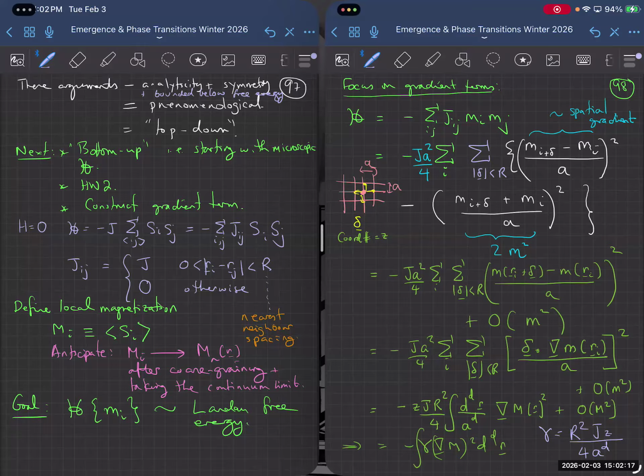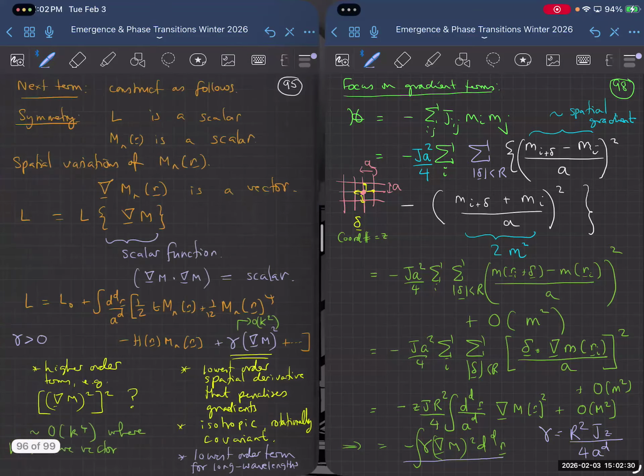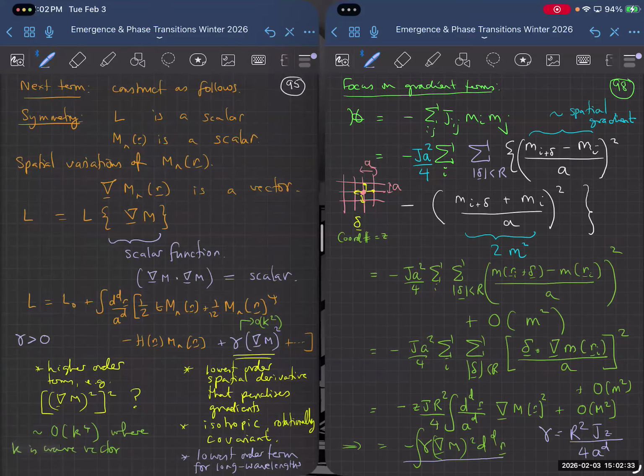I think all the factors are correct. So now what I've done is this form here for the free energy is exactly what we guessed when we construct things in the way that we did phenomenologically.